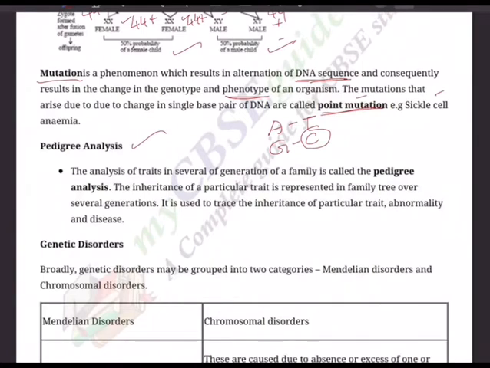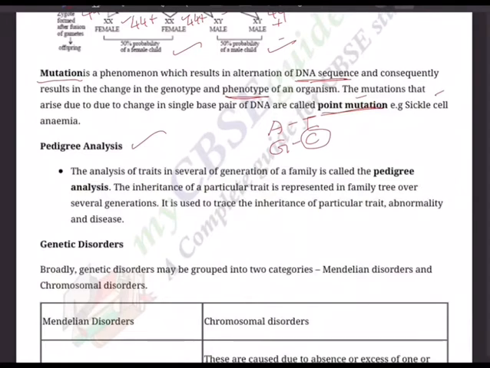Our memory helps us in tracing out what we have been discussing. We are into the revision mode, and we are revising the chapter Principles of Inheritance and Variation. In our last session we were talking about the chromosomal theory of inheritance, and we are thankful to two scientists, Walter Sutton and Theodore Boveri.